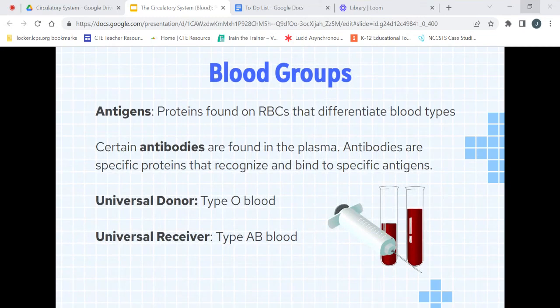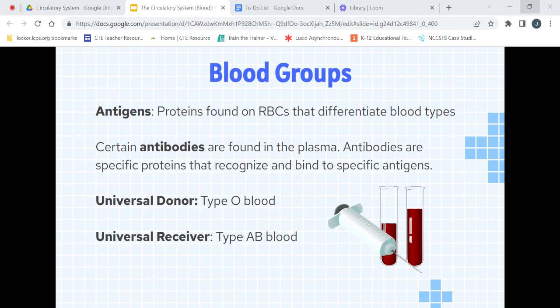Although several blood groups are known, the most important clinically are the ABO and Rh groups. Blood types are inherited. Each person has either type A, B, AB, or O blood. An antigen is a protein found on red blood cells that differentiates the blood types.